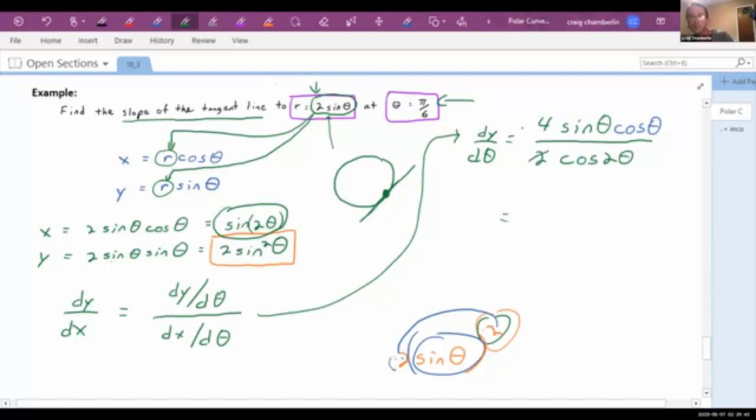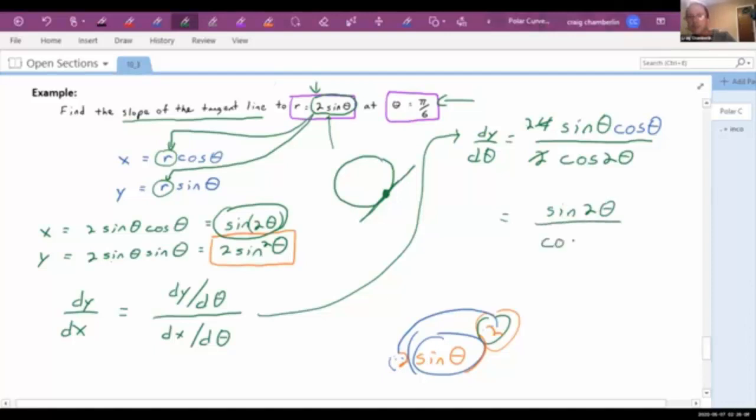First of all, I could take the 2 into the 4 and get 2. And then what's on top? How could I simplify 2 times sine theta cosine theta? What does that turn out to be? Sine 2 theta. So it's just sine of 2 theta on top, right?